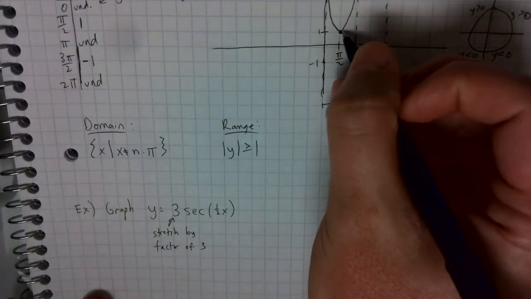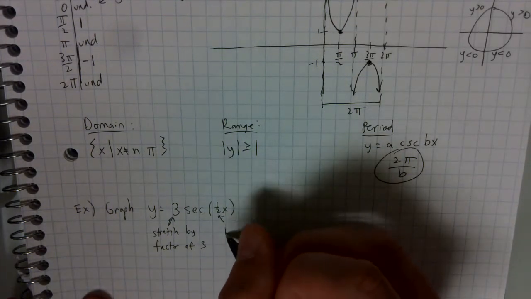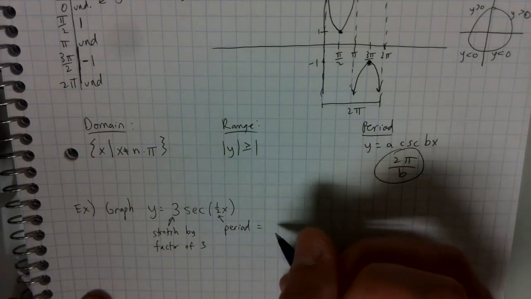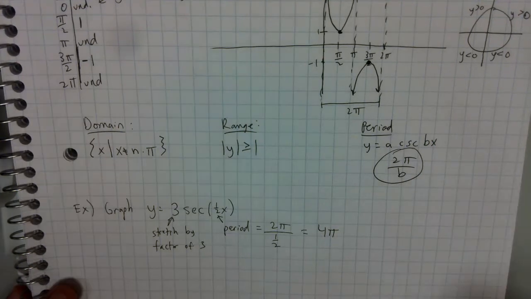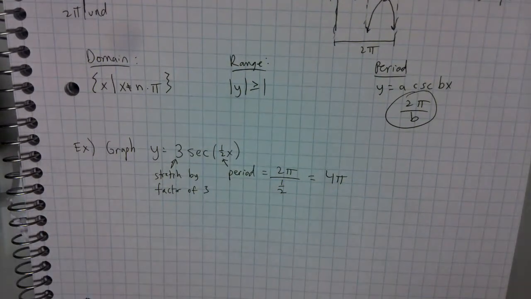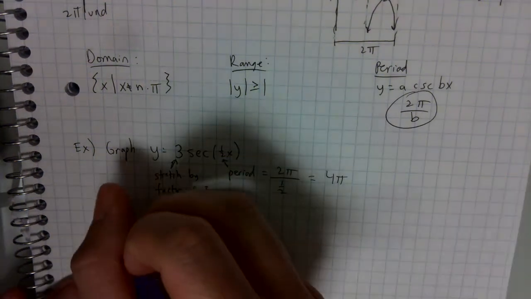So instead of starting at 1, we'll be starting at 3. And then this tells us that our period is going to be 2 pi divided by 1/2, or 4 pi. So we've actually doubled our period, and we're going to make this a much wider graph this time.